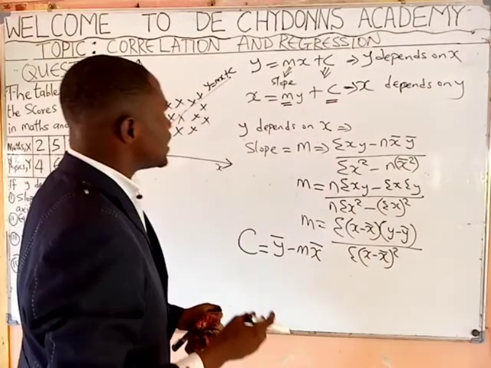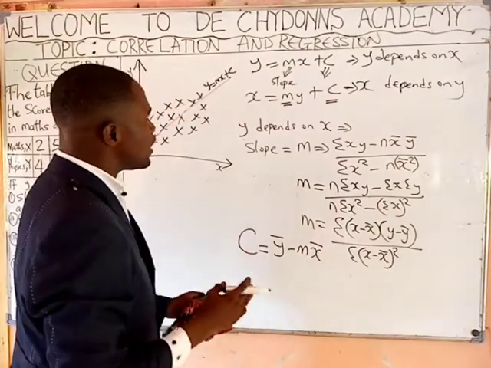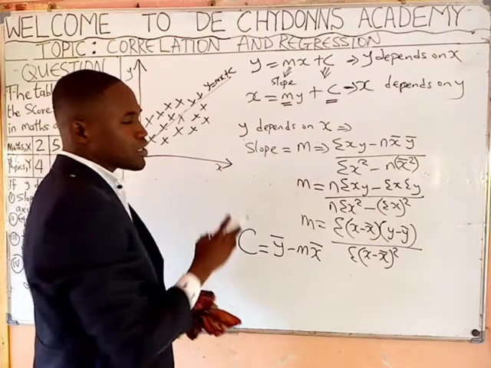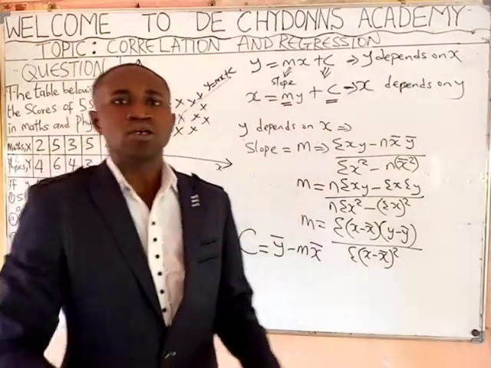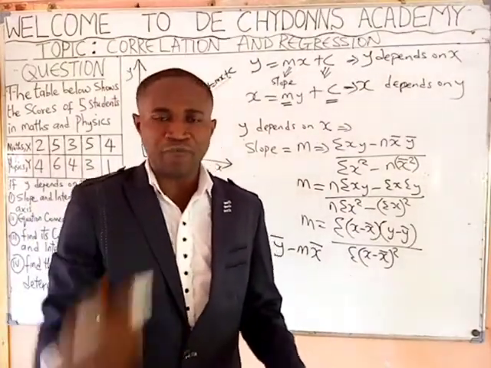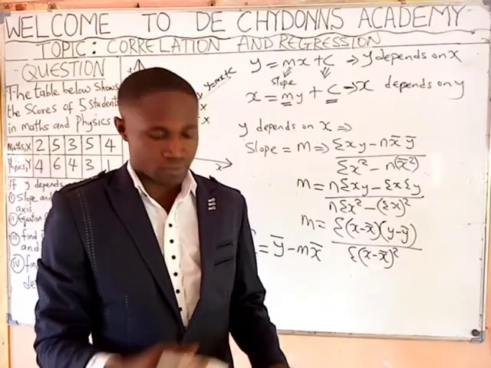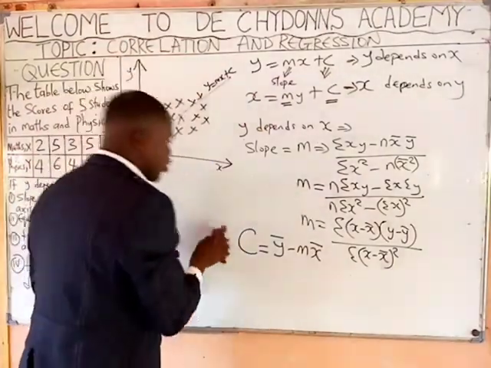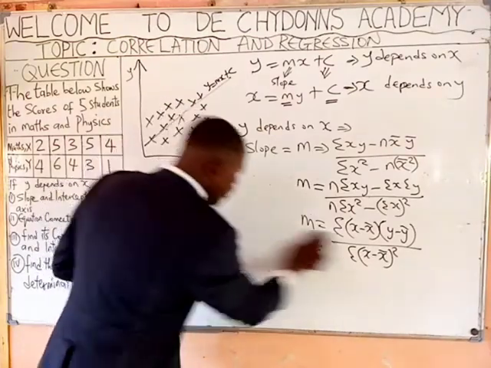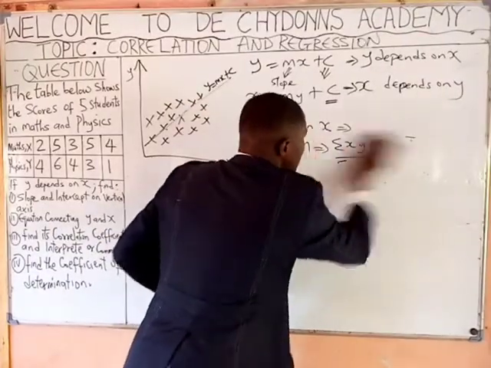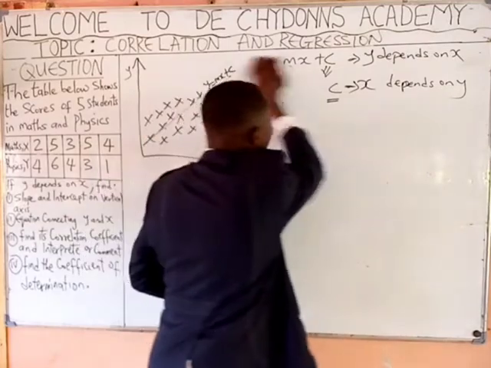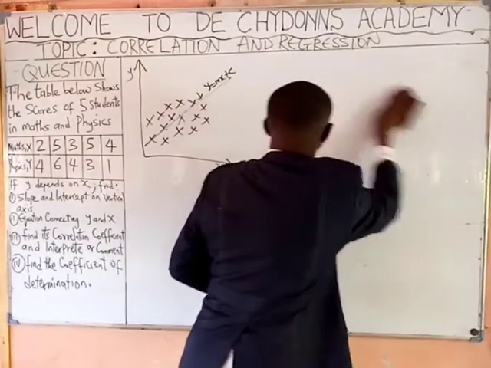Now, another thing that we also want to learn from this topic is how to get the correlation coefficient or coefficient of regression. How do we get the correlation coefficient or coefficient of regression? There are two major ways you can get this parameter.